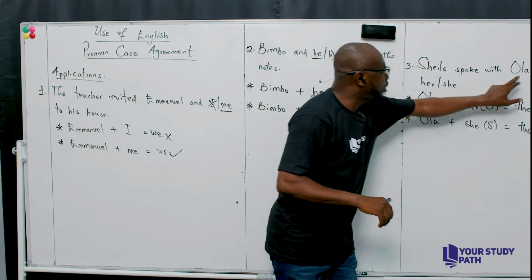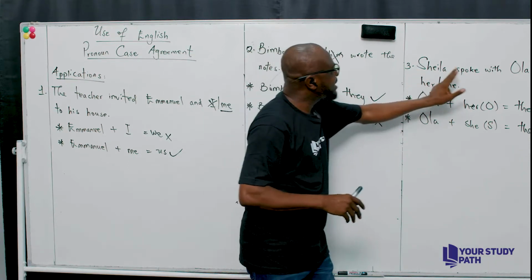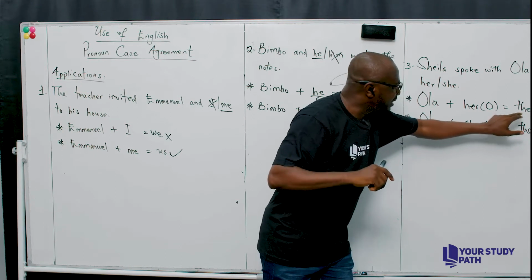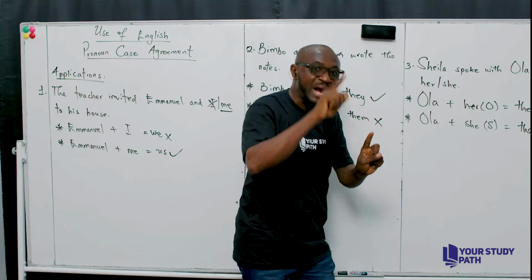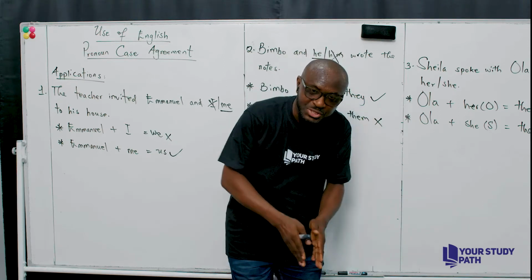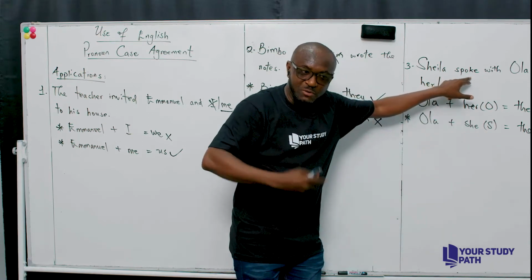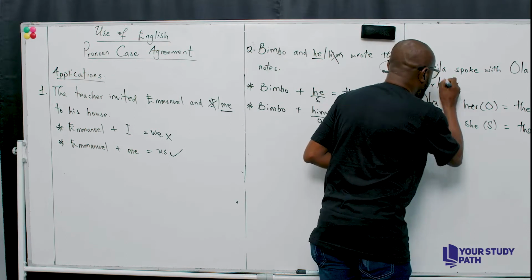In the place of Ola and she, put they. Then we'll read. Now look up. Sheila spoke with them. That makes sense. Why? Because them is an object case and it has been rightly placed in its position, which is what? After the verb, to receive the act of what? Speaking.